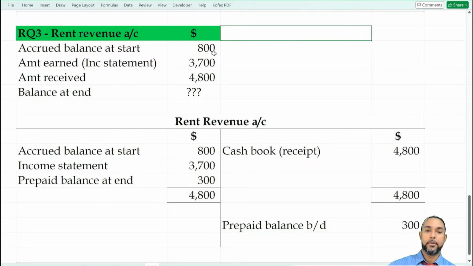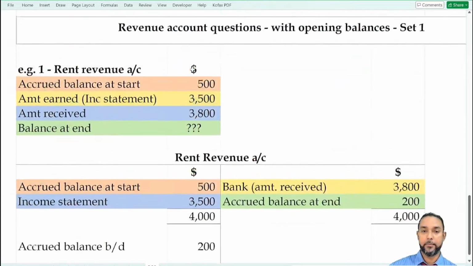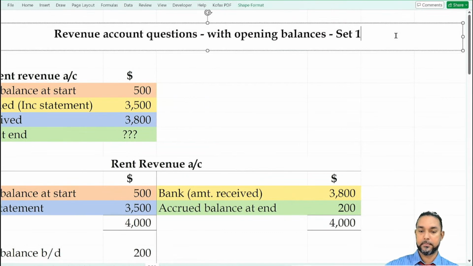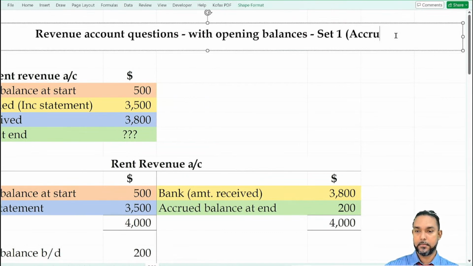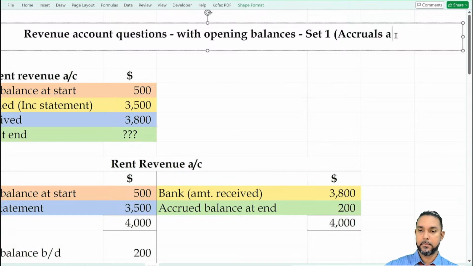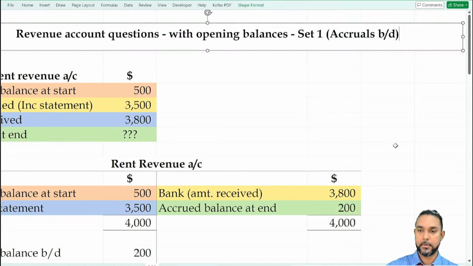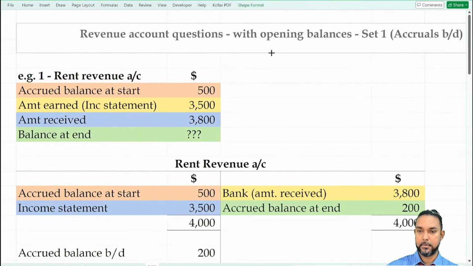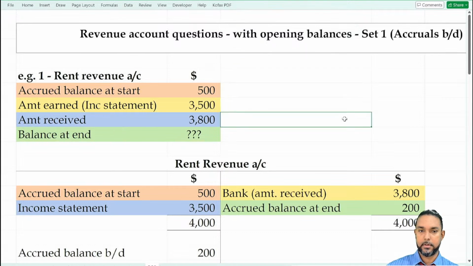Okay, so this was the work set with questions with opening balances, set 1, accruals. Let me look at this. I don't like how that's lining up there. Okay, cool.